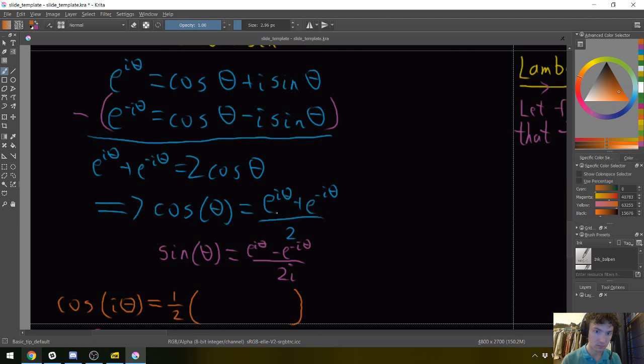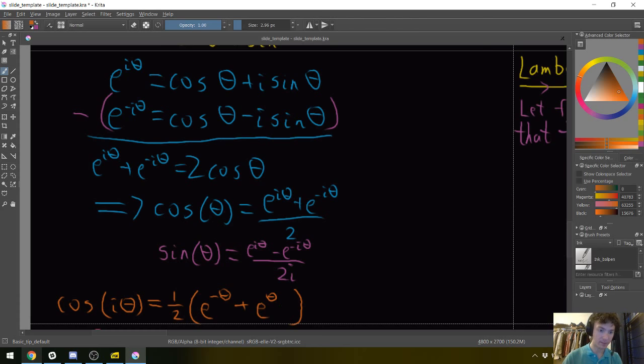I believe that this would be e to the power of negative theta, right? Yeah, I swear it's minus 1, right? Second one. And this one would be e to the power of theta. E to the theta, okay.